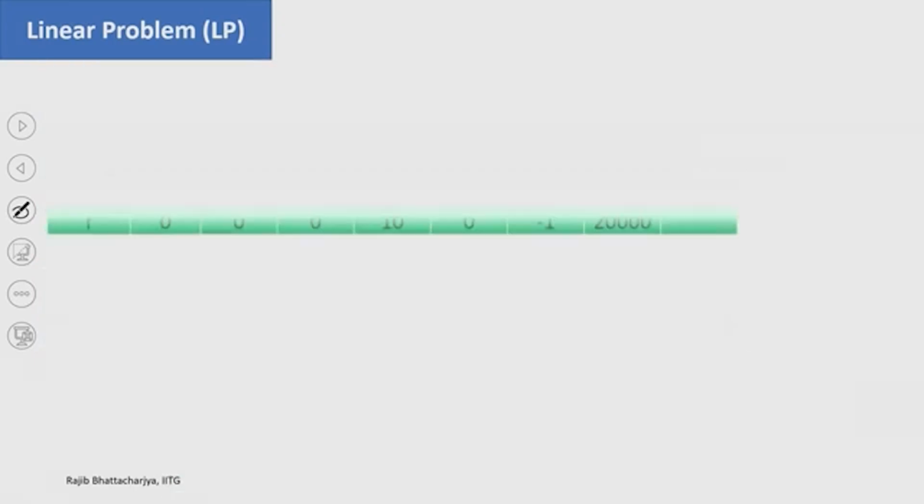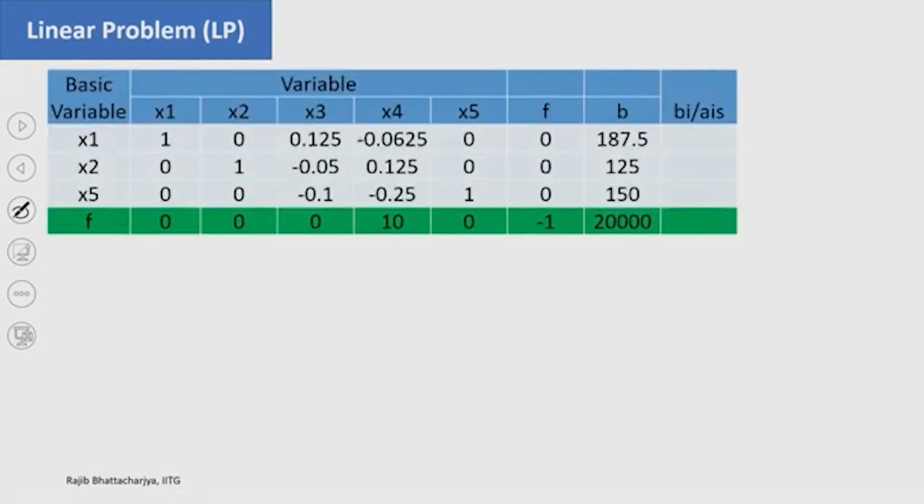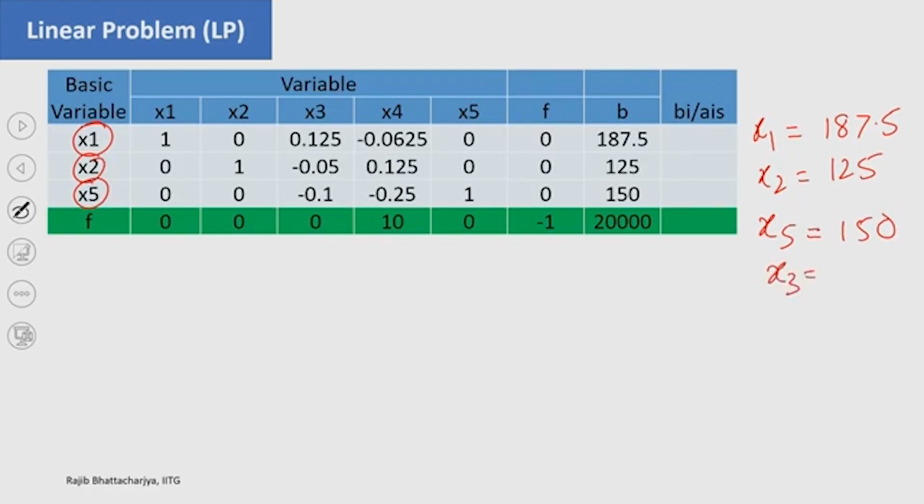Okay. So, this is the pivoting element, and if I do that, x1 is now in as a basic variable, then x2 is already there and x5 is there. Now, I am getting a different solution, but what is this solution? This solution is x1 equal to 187.5, okay, and x2 equal to 125 and x5 equal to 150 and x3, x4 equal to 0 and f equal to minus 20,000.